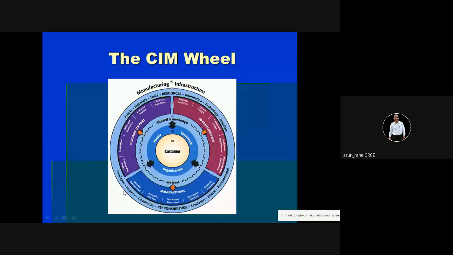Employee, investor, community, responsibilities, regulatory: that is, you have to follow the norms, the environmental norms, and whatever you do should be environmentally friendly.